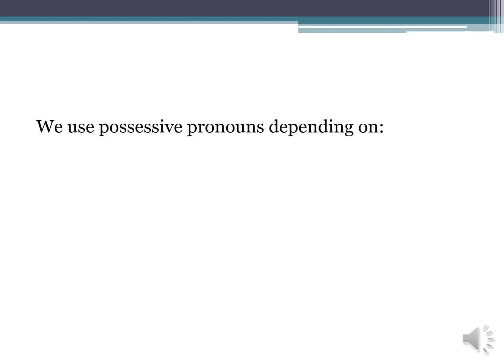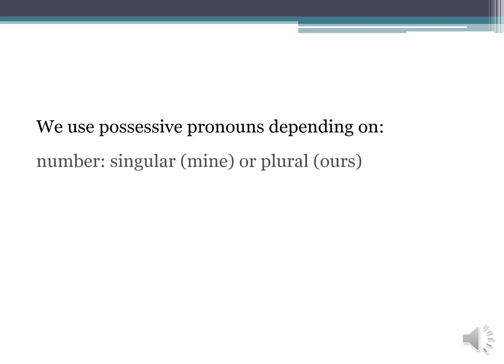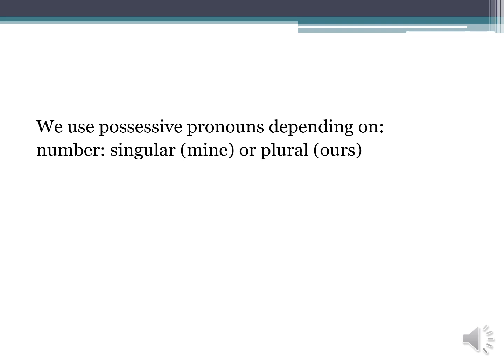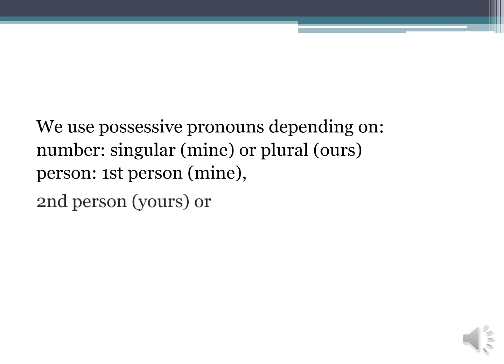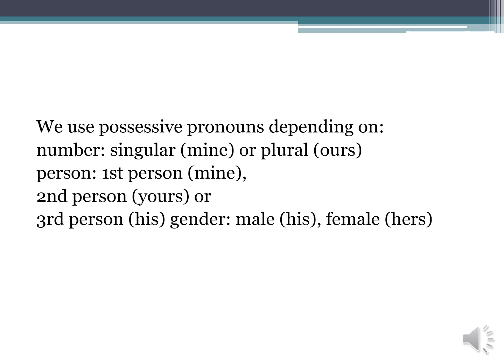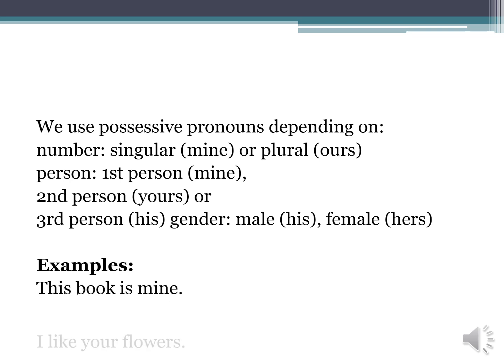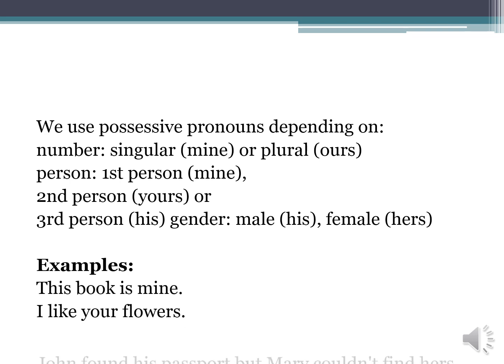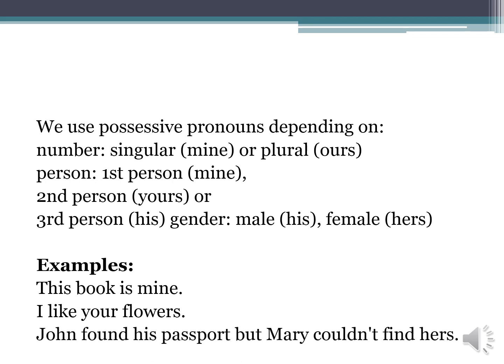We use possessive pronouns depending on number, singular mine or plural ours. First person singular we can use mine, second person yours, third person his. For masculine gender we can use his, for feminine gender we can use hers. Further examples: this book is mine, I like your flowers, John found his passport but Mary couldn't find hers.